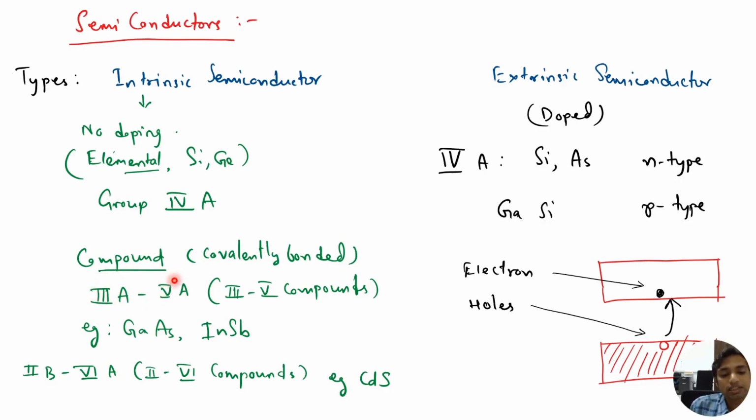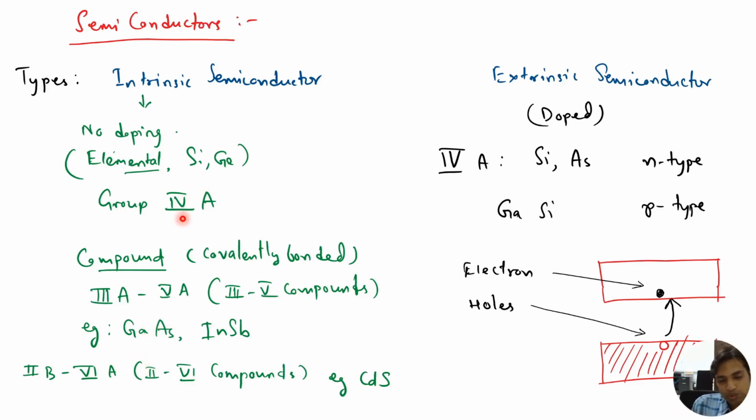So this type of semiconductor is called a 3-5 semiconductor, where one of them is from group 3 and the other is from group 5. Similarly, there are 2-6 compounds, for example, cadmium sulfide. This is a 2-6 compound, so this is also a semiconductor.